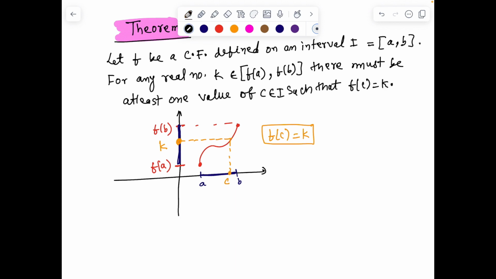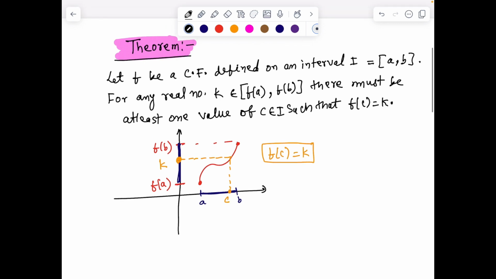Now that feels quite intuitive because the condition of continuity is injected in this theorem. It does not mean the converse of the theorem is true, okay? Because you can think of a function which satisfies this theorem, but it might be discontinuous. For example, let's say y equal to x from 0 to 1, and f(0) I'm giving 1 and f(1) I'm keeping 0.